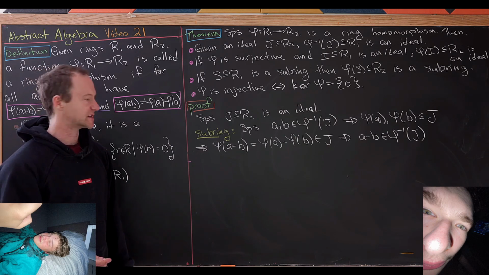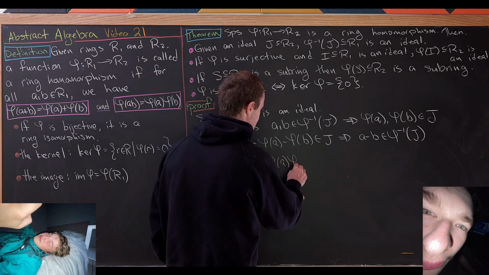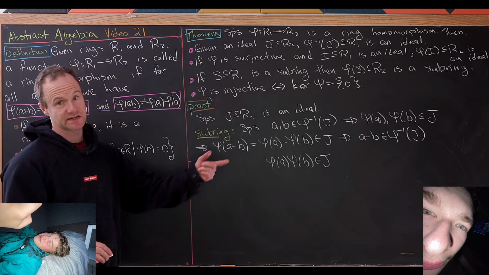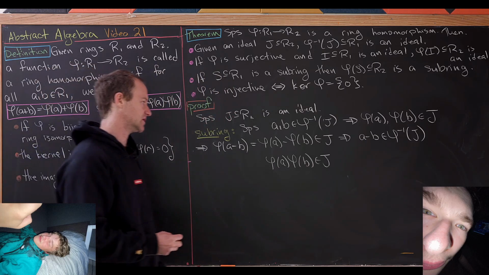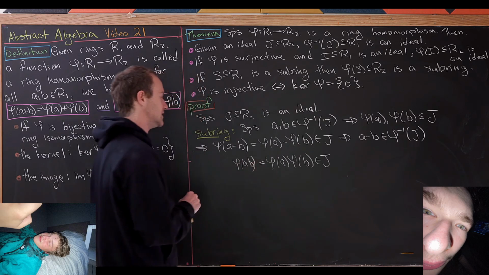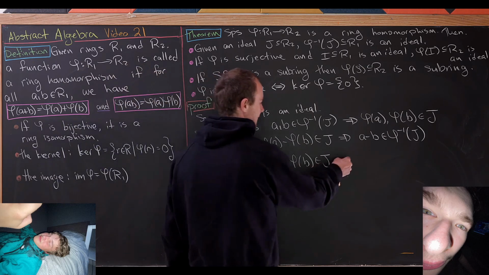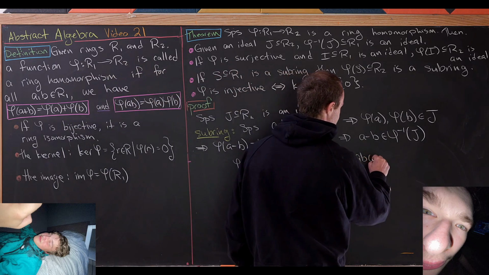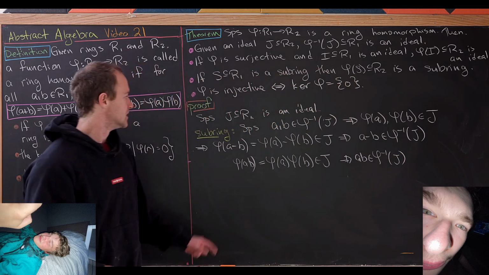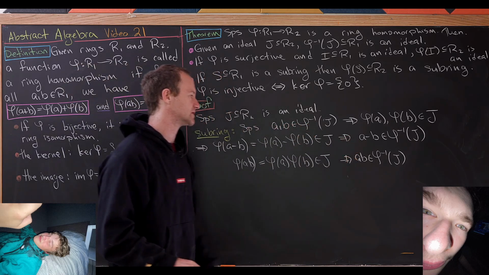But we can also show that it's closed under multiplication. Notice that phi of A times phi of B is inside of J. That's because J is a subring and it's closed under multiplication. But since this is a ring homomorphism, this is phi of A times B. But since phi of A times B is inside of J, that's exactly the condition for A times B to be in the pre-image of J. So that means that our pre-image is closed under subtraction and multiplication.